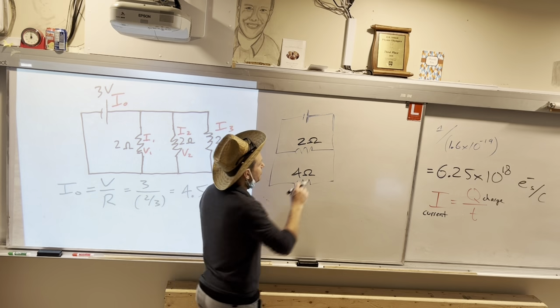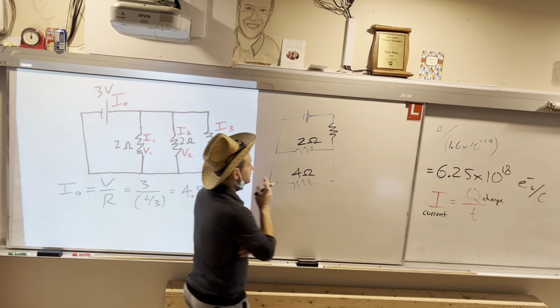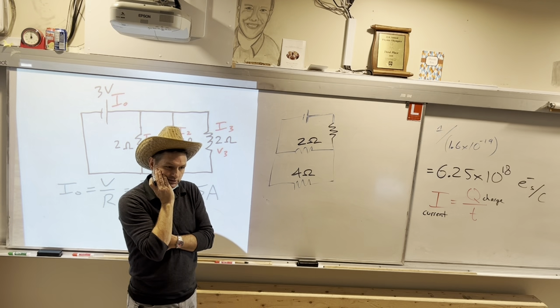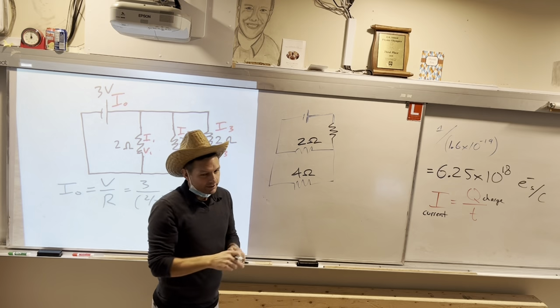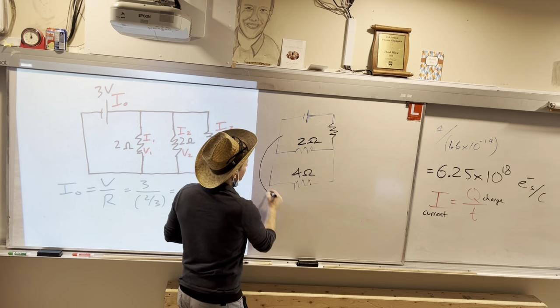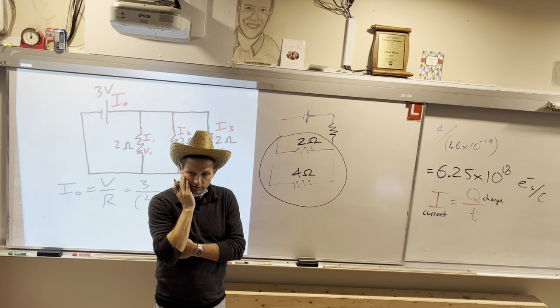Now, what if I put a resistor here? It would just be added. What's the resistance of that? It would just be added. Now what you do is you say, well, all of this is going to have an equivalent resistance, right?